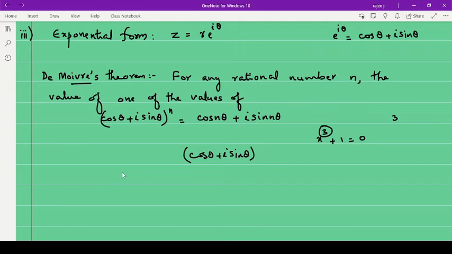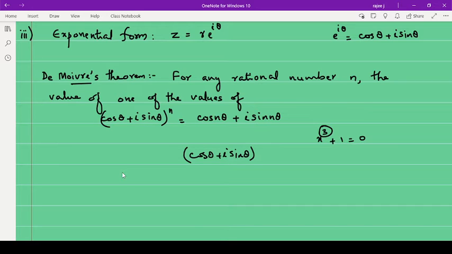If I say the number 3, then this is 3 by 1, a form of a rational number. So this theorem states that for any such rational number, one of the values of cos theta plus i sin theta, the whole raised to n, is equal to cos n theta plus i sin n theta. This n is multiplied with the angle.